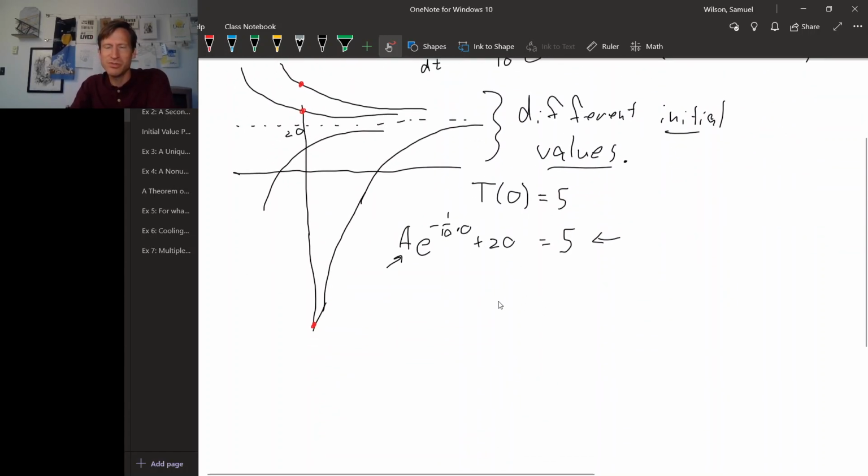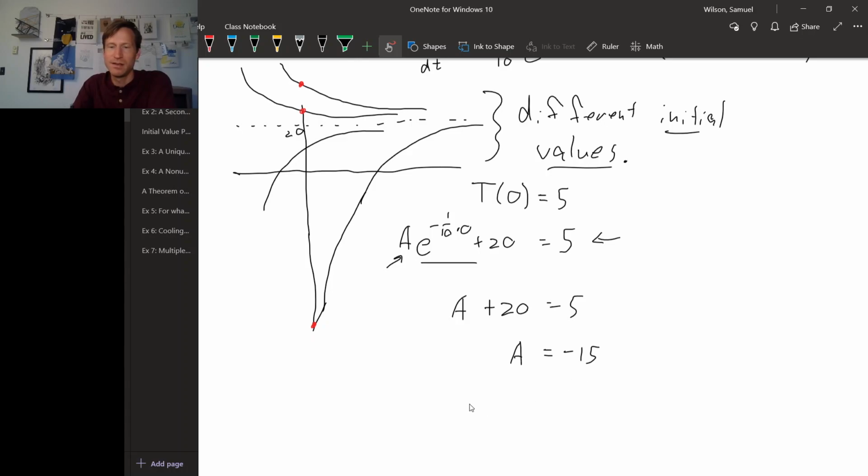So subtract 20 from both sides. Simplify first: e to the 0 is 1. So we get A plus 20 equals 5, and so A is negative 15. So the particular solution to the differential equation that satisfies this initial value is T of t equals negative 15 times e to the minus 1 over 10 t plus 20.